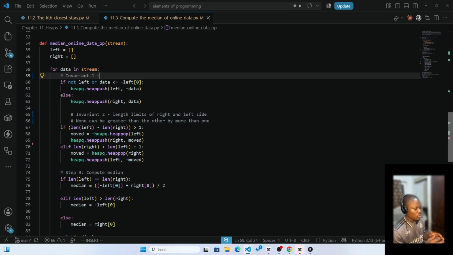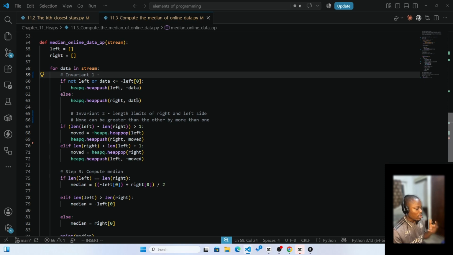So this invariant is basically saying the left heap, which is going to be a max heap from our illustration, is going to first receive the data, and after which we then consider the right. Basically that's what it's saying. Consider the left value, appending to it first before considering the right, and we'll see the reason for that also become alive subsequently.